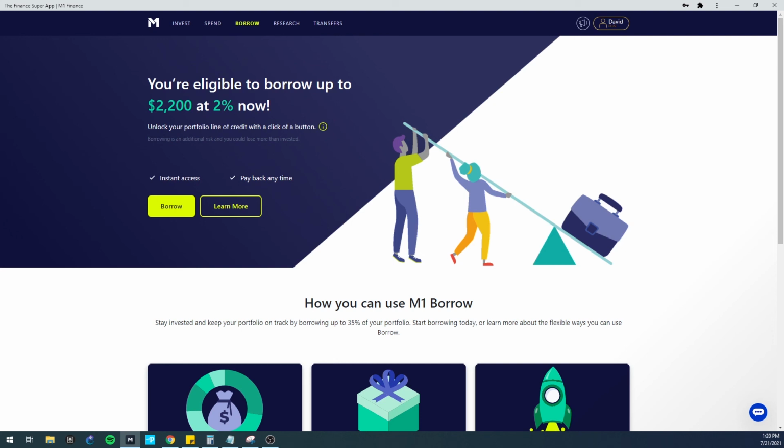Let's say you want to buy a new car, you want to get a car loan, a house loan, medical bills, and you have a significant amount in your portfolio and you're willing to borrow against the stock market in general.